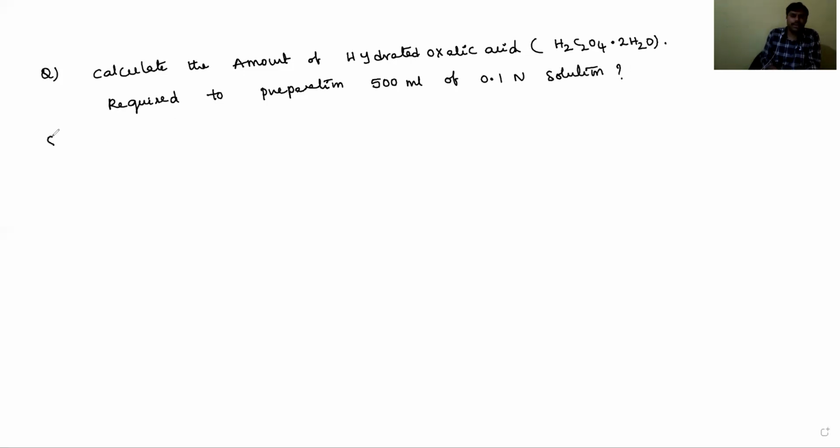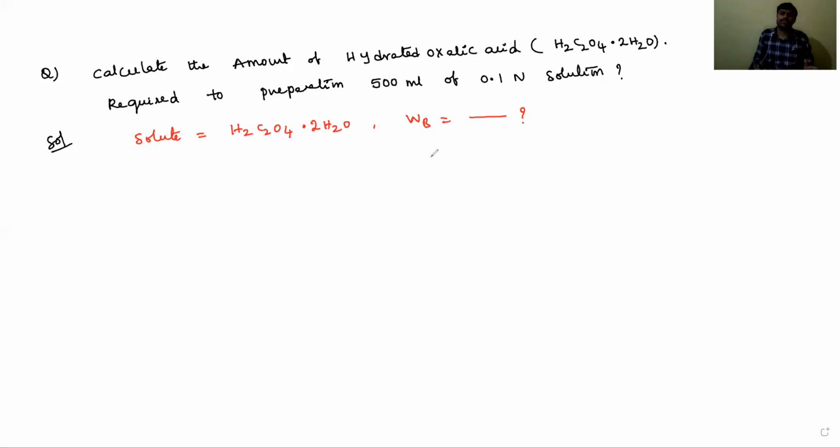Okay, students, let's see the question. The given solute is H2C2O4.2H2O, and we need to find its weight WB, that is, how much solute we need to take in 500 ml to make a 0.1 normal solution.